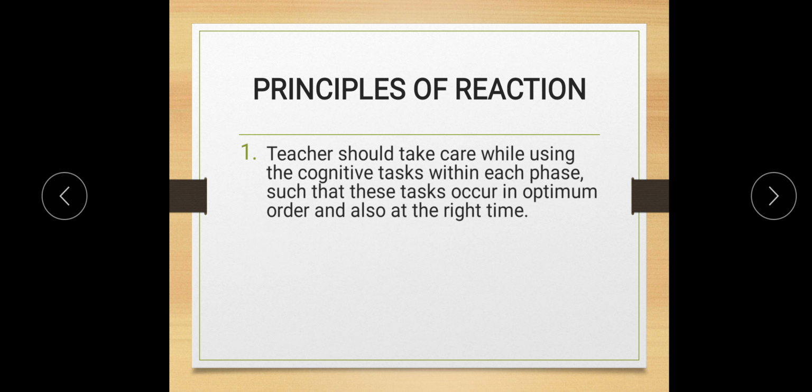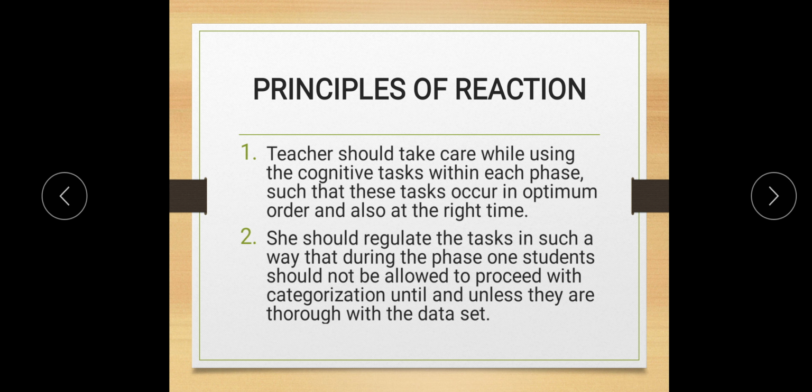Now, principles of reaction: how you need to behave or interact with the students. Teachers should take care while using the cognitive task within each phase, such that these tasks occur in optimum order and also at the right time. She or he should regulate the task in such a way that during the first phase, students should not be allowed to proceed with categorization until they are thorough with the data set.